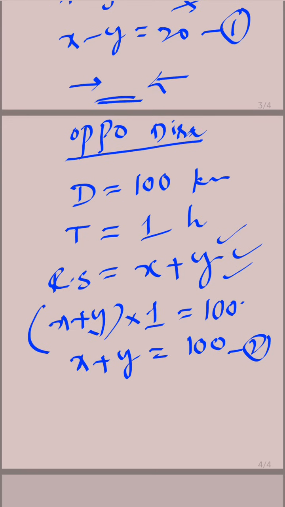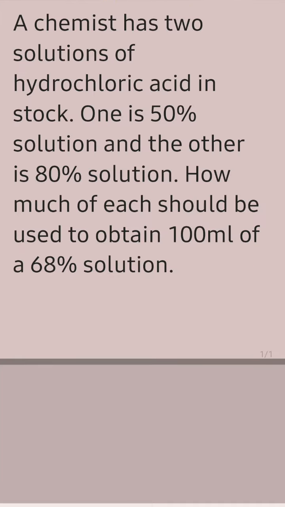Now we got the equations. You all know how to solve the first and second equations by the elimination method. Easily you can use it. If you don't know the elimination method, I will leave the link in the description, so you can watch that elimination method video. Okay, I hope you understand this problem.